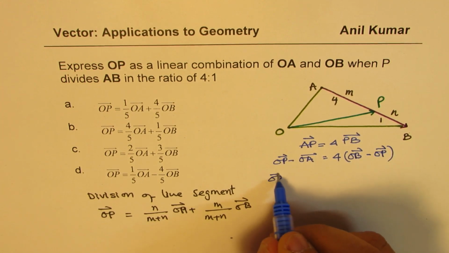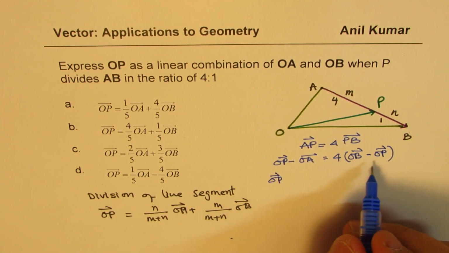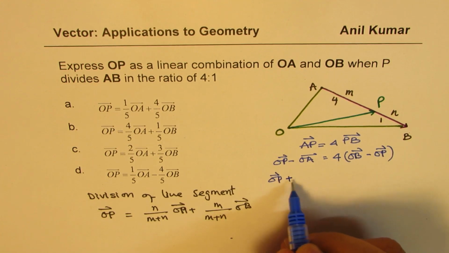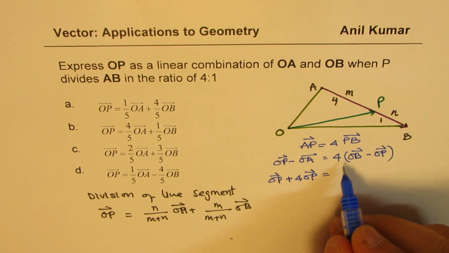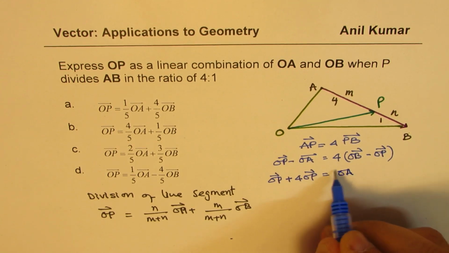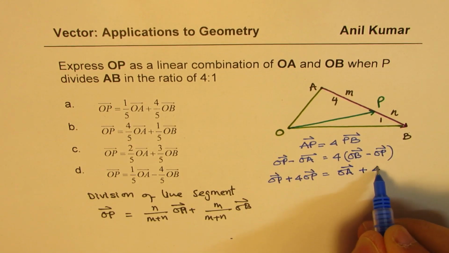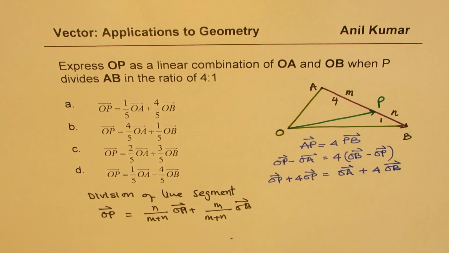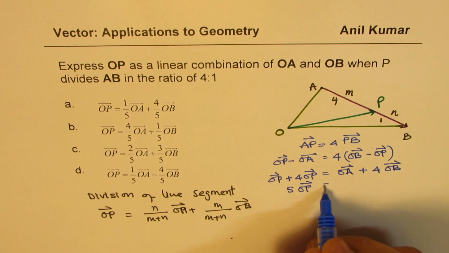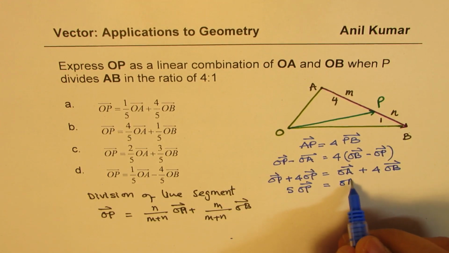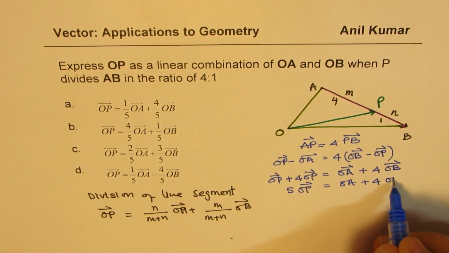So we have OP, bringing this here, minus becomes plus 4 OP. And taking OA on this side, we get OA plus 4 OB. Correct? So that is 5 OP is equal to OA plus 4 OB.